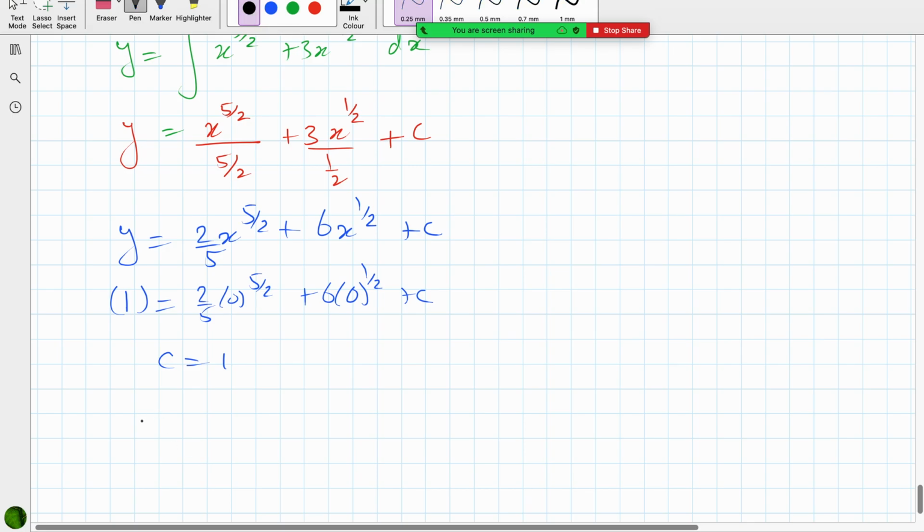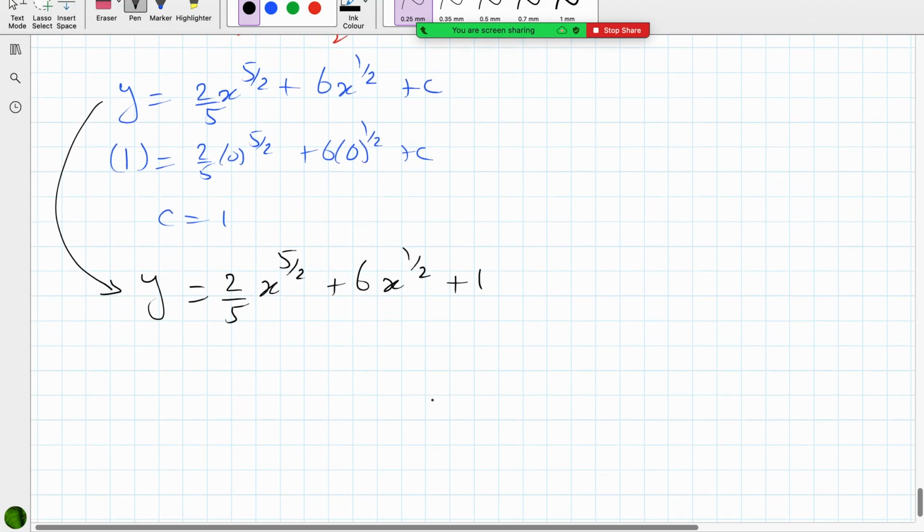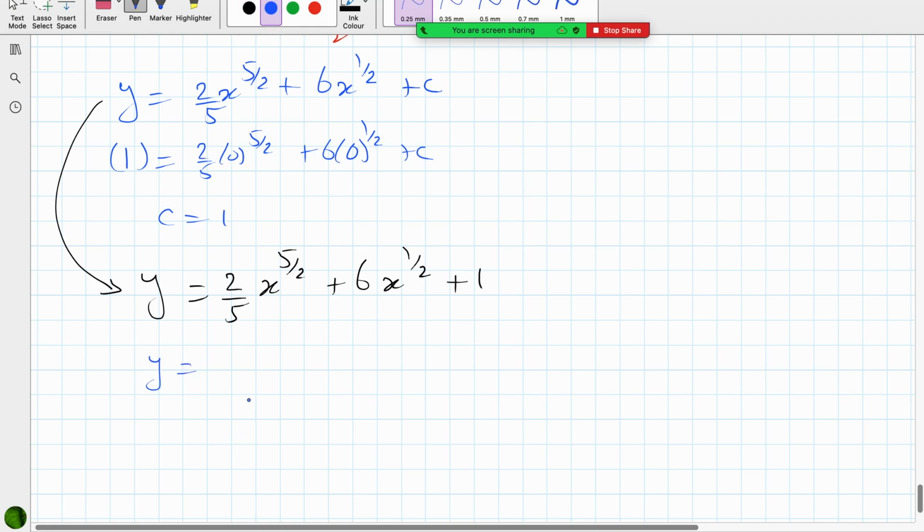Now your equation y is equal to 2 by 5 x to the power 5 by 2 plus 6 x to the power 1 by 2 plus 1. Now it is your choice. You want to leave it as it is or you want to convert it back into surds. So 2 by 5 x to the power 5 root plus 6 square root x, both are the same.